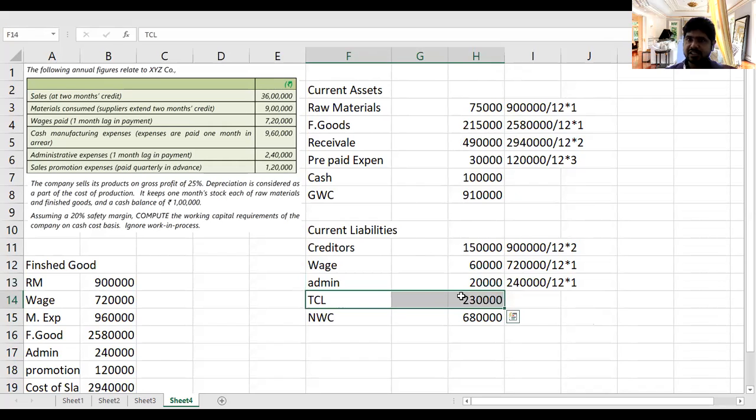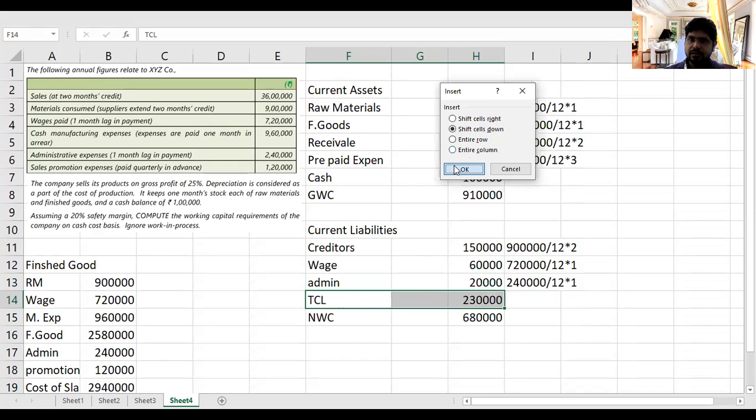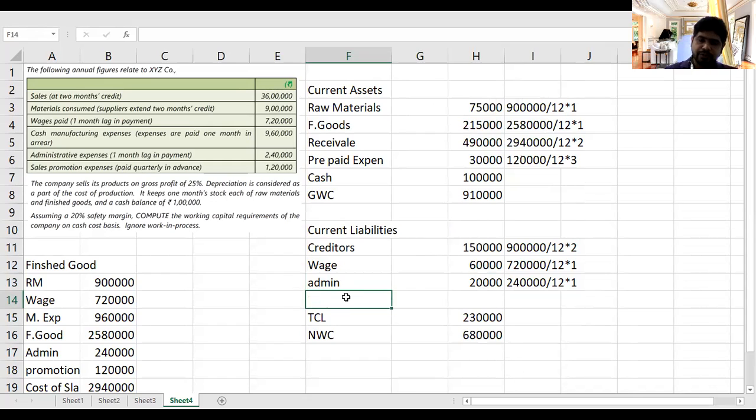We have missed it. Right, that's cash manufacturing expenses. How much annual cost? Annual cost 960,000, divide by 12, and it is settled in 1 month, right? 80,000.